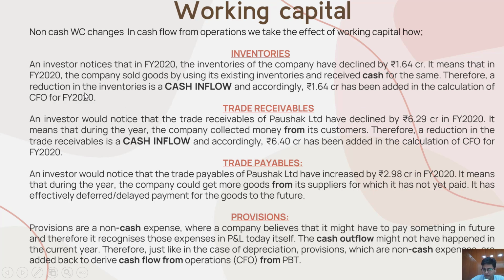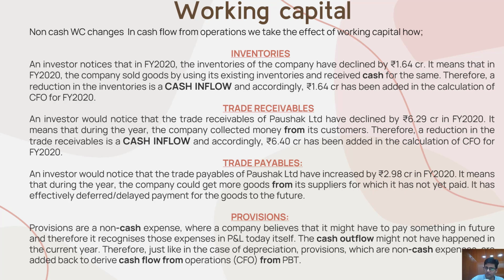Therefore, reduction in inventories is a cash inflow, and accordingly, that 1.64 crores has been added in the calculation of cash flow from operations. So this is just another way of looking at the decrease in inventories. When we say that the inventories have declined, that basically means that we have used our existing inventories to make sales during the year.